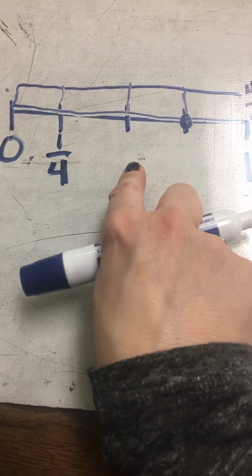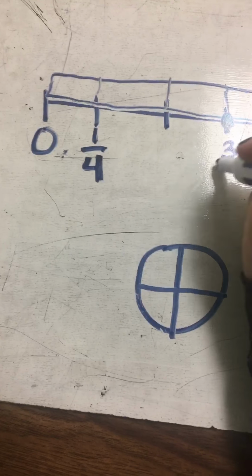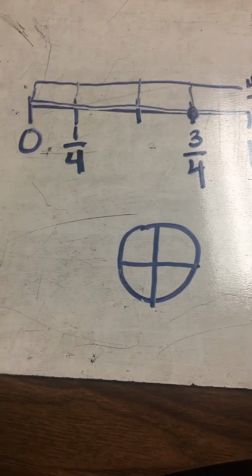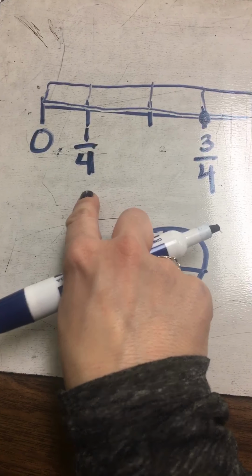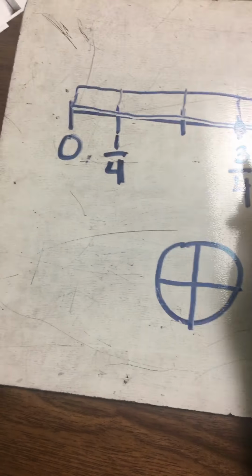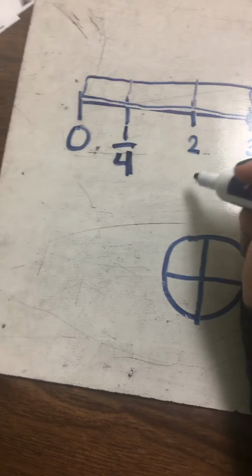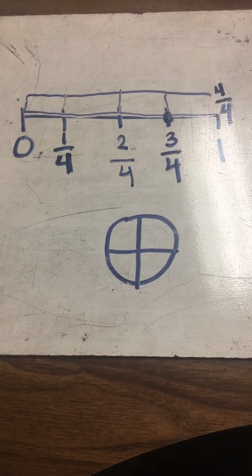That means that one would have to be the second one. That would have to be 2. That means this point right here would have to be 3/4. What would have to be in the middle? Well, if you've got 1/4, 3/4 is right behind it. What's in between the 1 and 3? 2. 2/4. Okay, so this is going to be the next thing that we're going to work on.